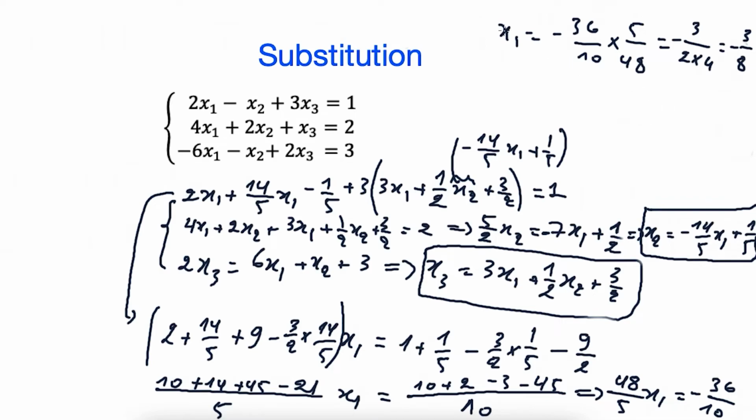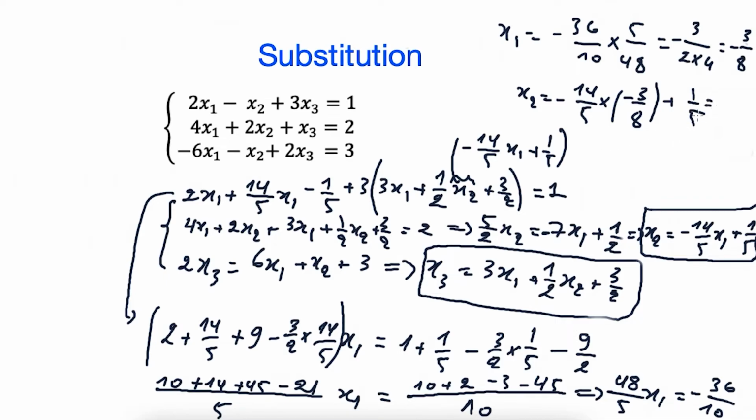So now we have the value of x1, and to get the value of x2 we replace x1. So x2 equals minus 14 over 5 times minus 3 over 8, plus 1 over 5.